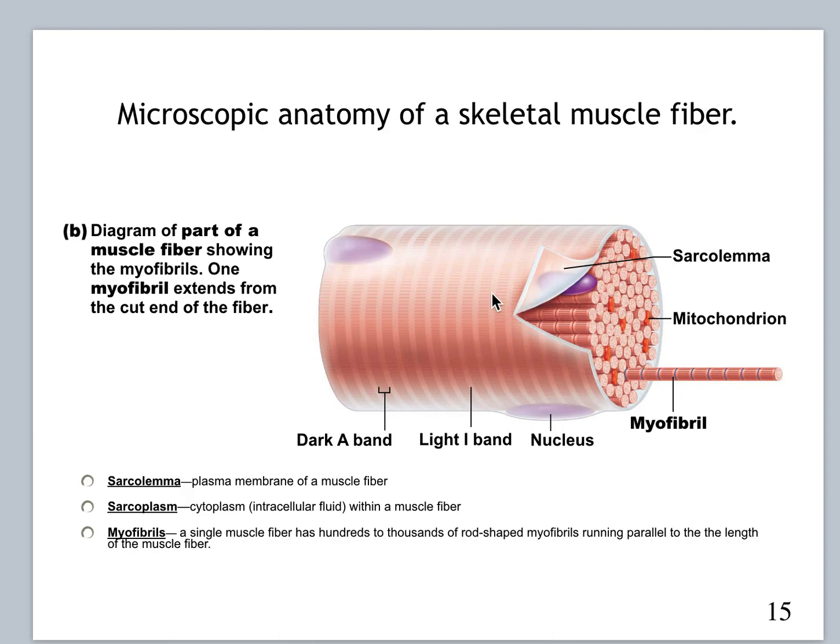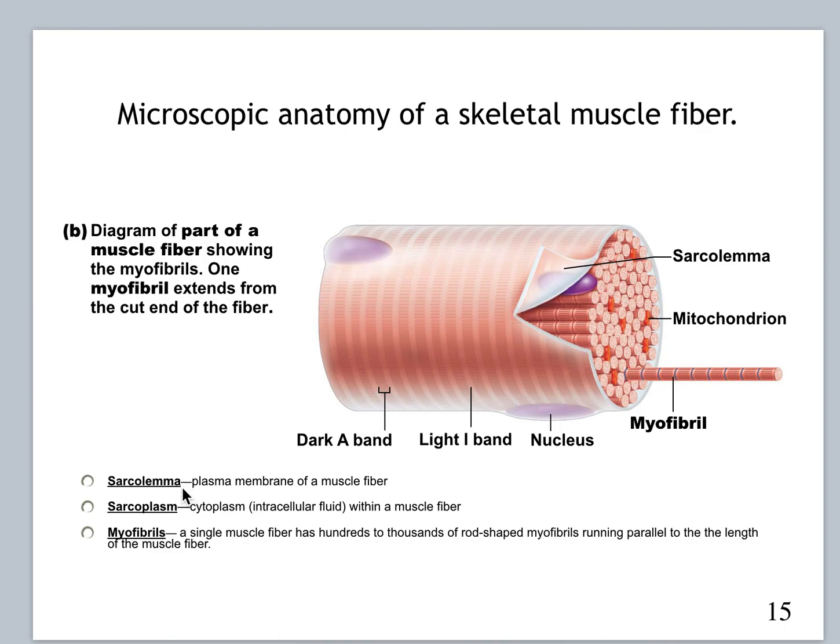We have our muscle fiber here, surrounded by the endomysium. It's been cut away so you can see inside. These are the myofibrils, which make up the inside of the muscle cell. Notice these myofibrils have light and dark bands. That's what gives a striated appearance. You see the bands more clearly here.